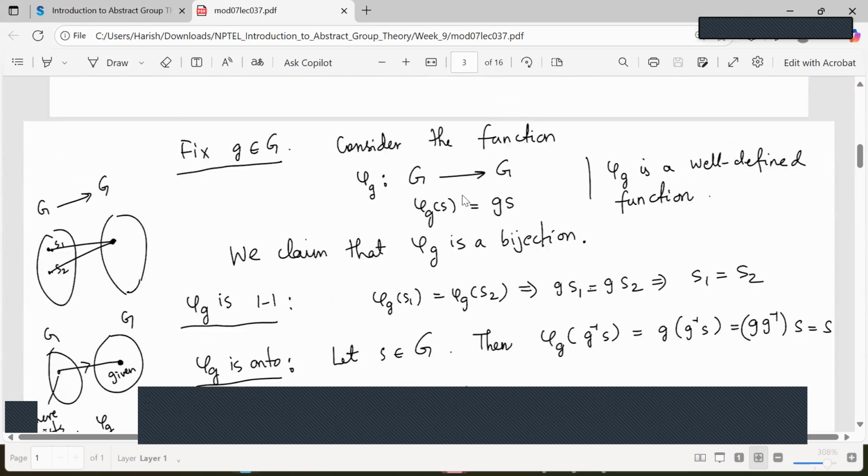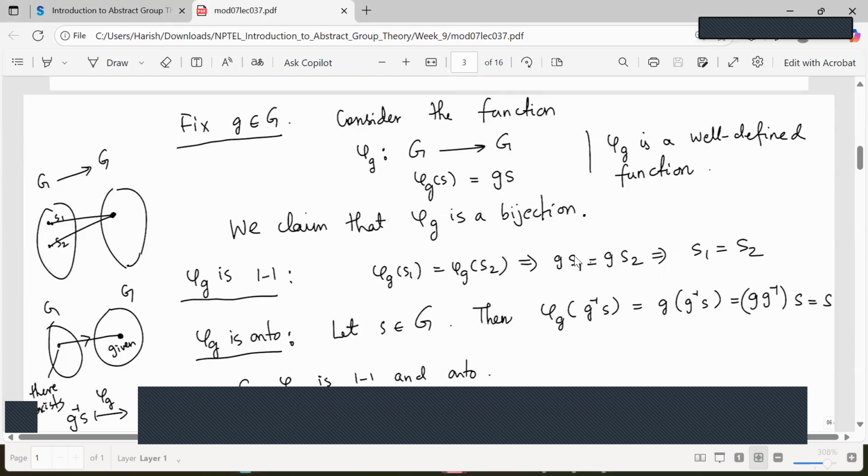Yes, sir. Okay, so for each small g, we define the function phi of g from G to G, sending the element small s to the product gs. In this way, it is just permuting the elements of G by sending small s to the product small g times s, right?